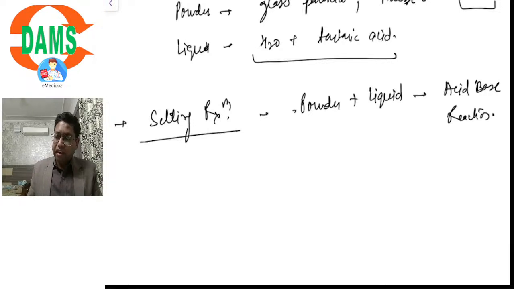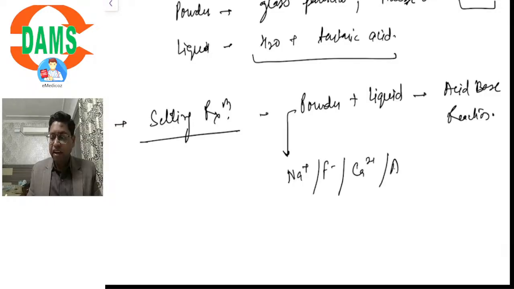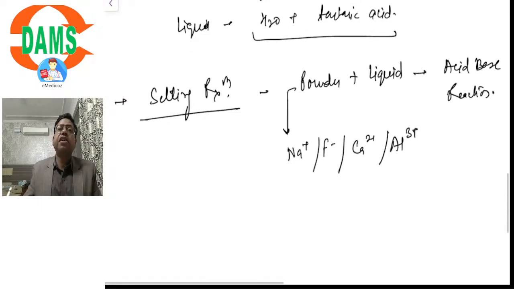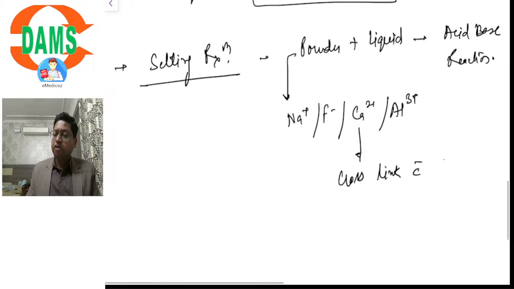This leads to leaching of certain ions from the powder: sodium ions, fluorine ions, calcium ions, and aluminium ions. They are released from the powder particles due to attack by the liquid. These calcium ions cross-link with polyacrylic acid chains.